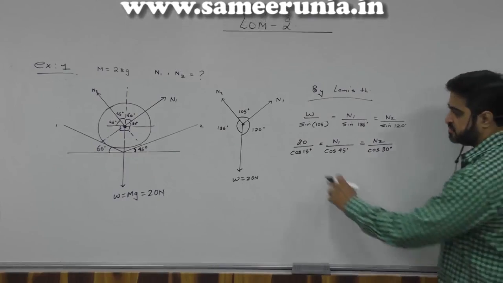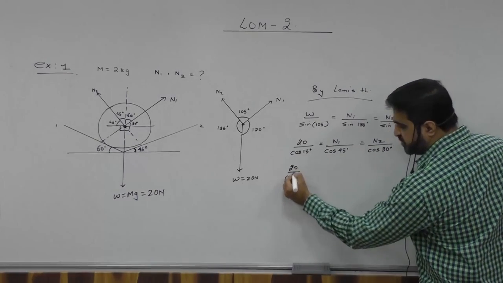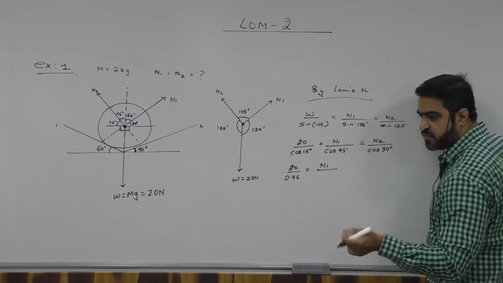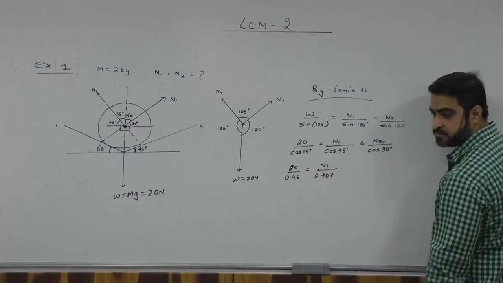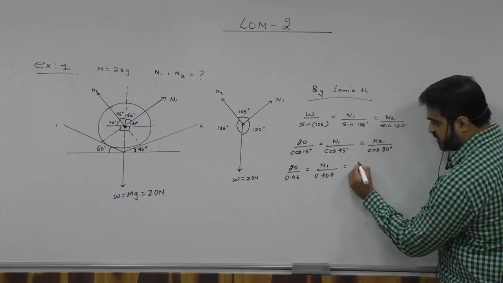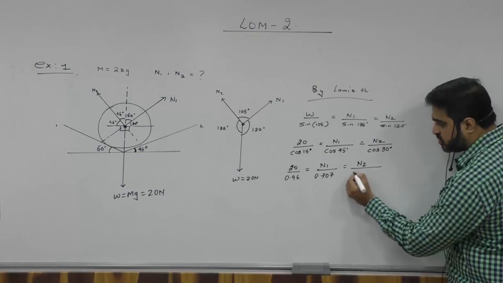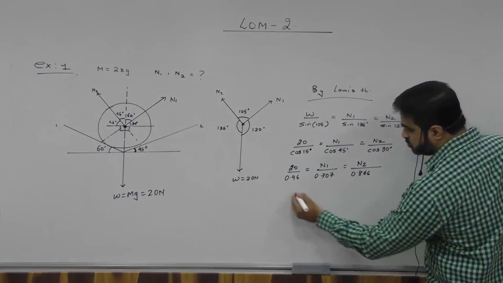Okay, this will be given 20 times 0.96. This we know. See, N1 cos 45 is 1 by root 2, will become 0.707. N2 cos 30 is what? Root 3 by 2 will become 0.866. Now equate 1 and 3 and 1 and 2.